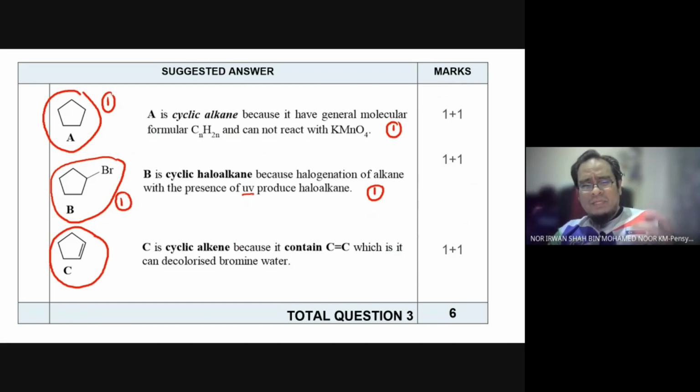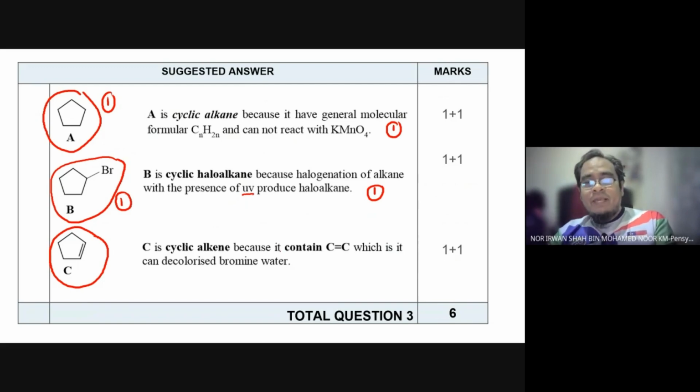Sebab kita dapat bromocyclopentane tadi. So bila kita buat dehydrohalogenation, kita cuma dapat satu saja alkene. Bukannya kita dapat major minor alkene. There is only one alkene saja, which is cyclopentene yang kita akan dapat.